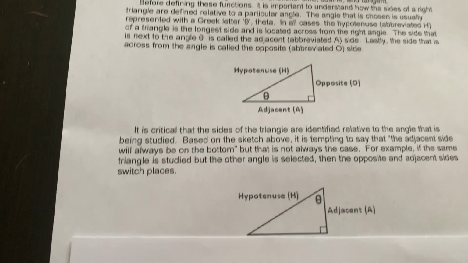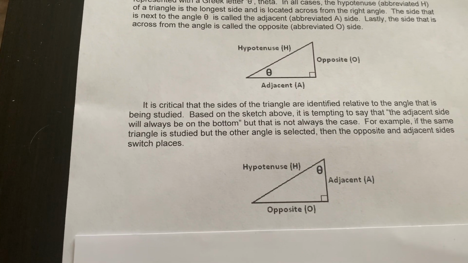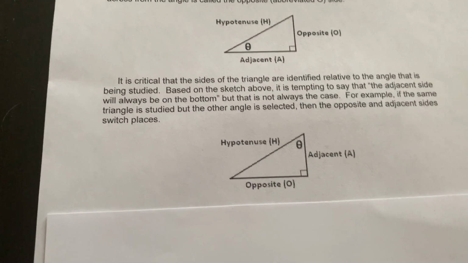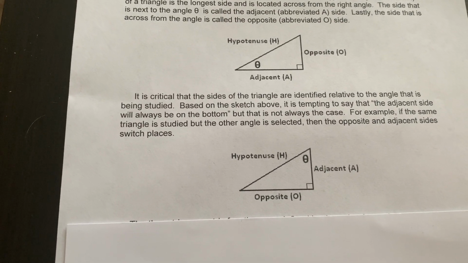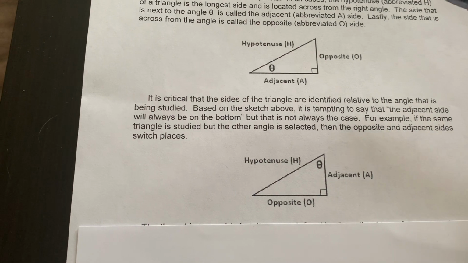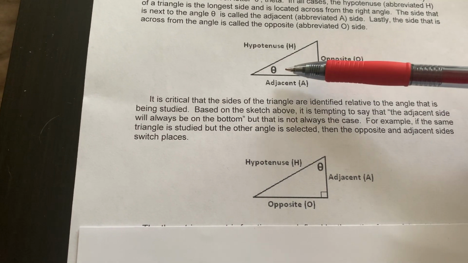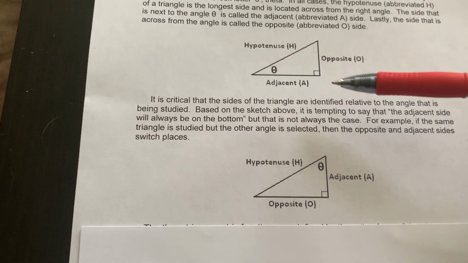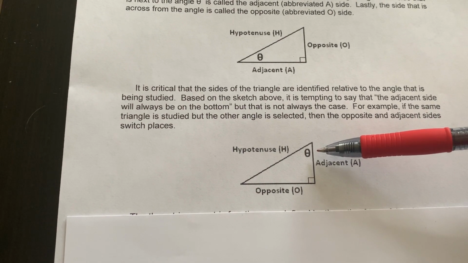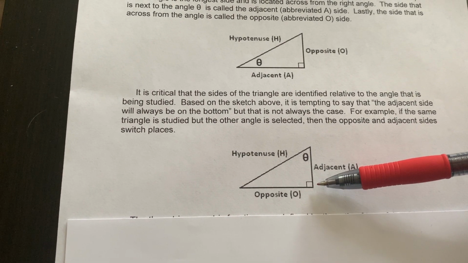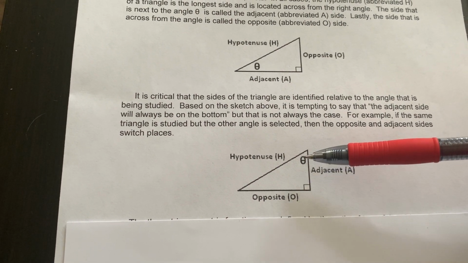Now, what makes this a little bit tricky is, in theory, you could take this same triangle and switch the position of your perspective angle. Rather than having it down here in the bottom left, if I shift the theta, the perspective angle, up here to the top right, I'm not going to use the 90-degree angle. It's either going to be one of the two smaller ones.